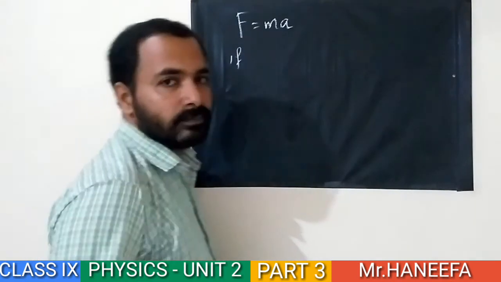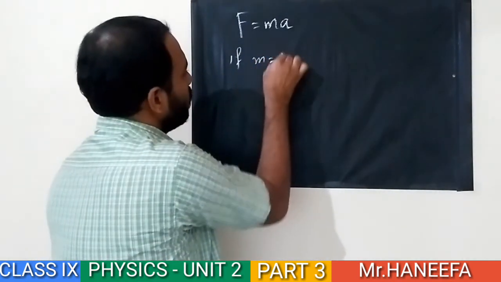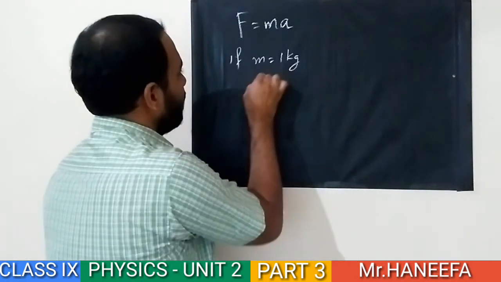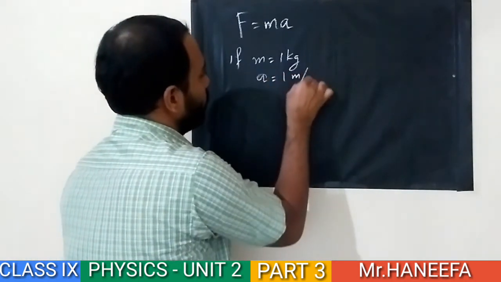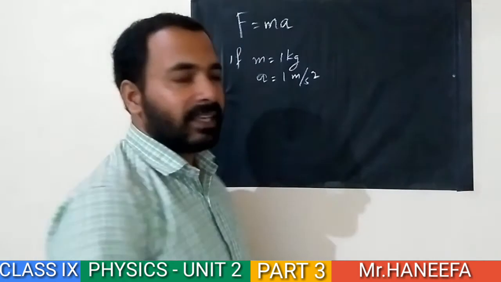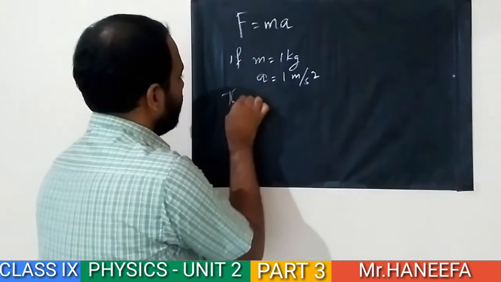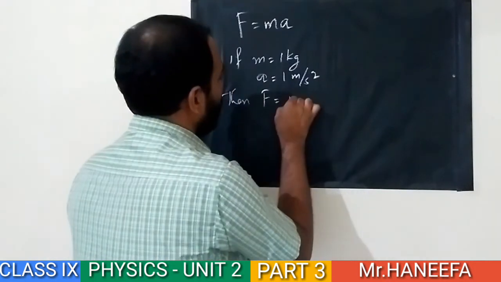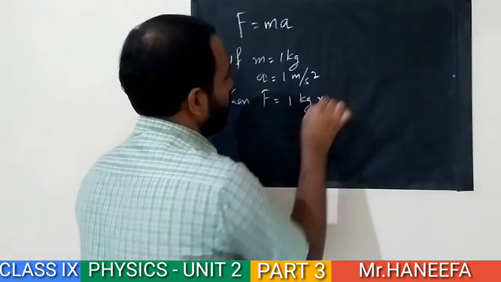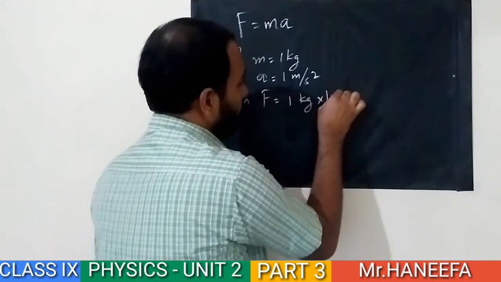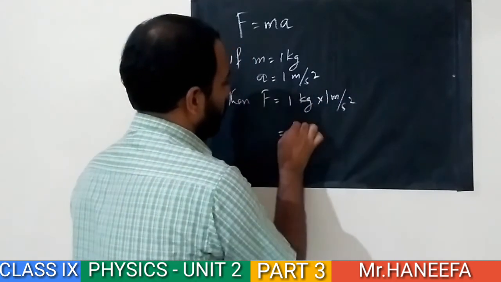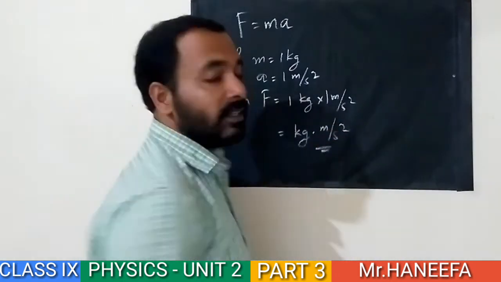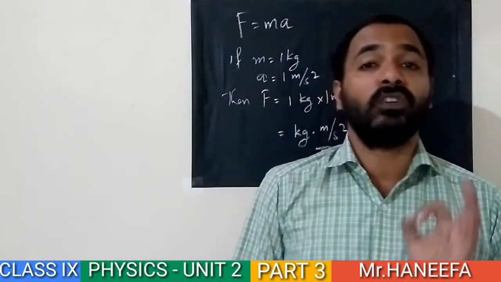If m equal to 1 kg and a equal to 1 meter per second square, then F equal to 1 kg into 1 meter per second square, equal to 1 kg meter per second square, which is the unit of force.